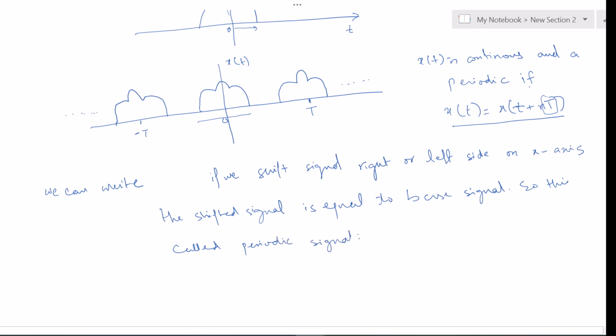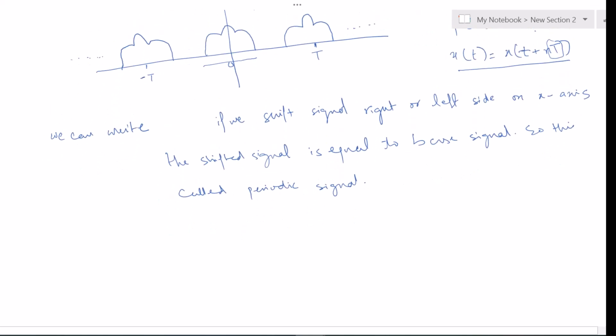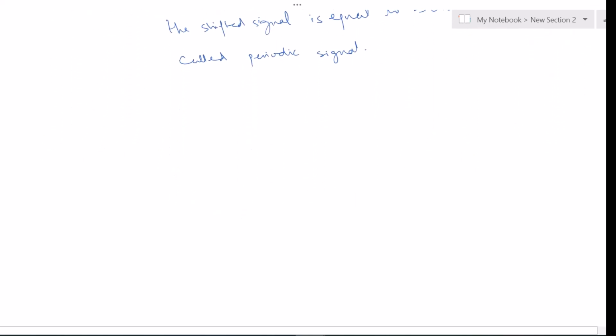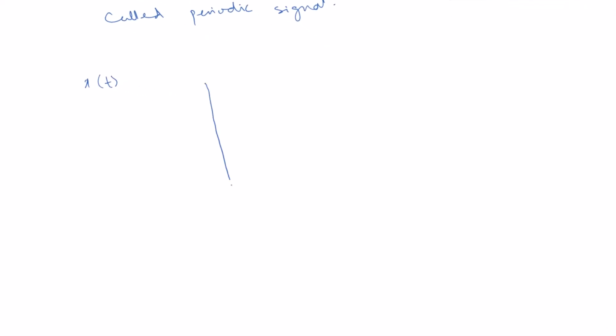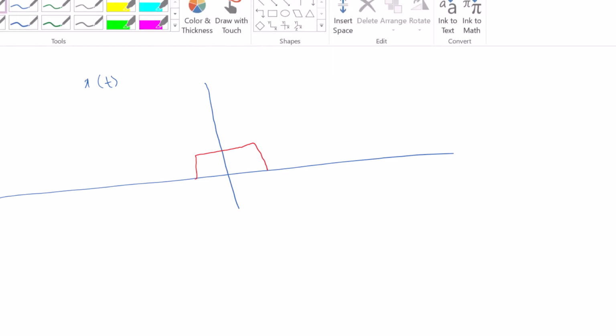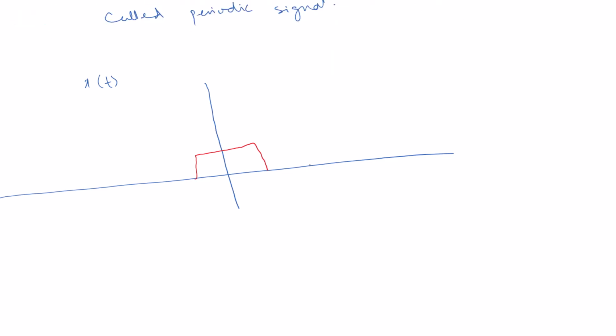Okay, let's take an example of how a signal can be a periodic signal. Let's say we have x(t), a periodic signal. Let's draw a base signal with red color and the remaining copies of the signal with blue color.